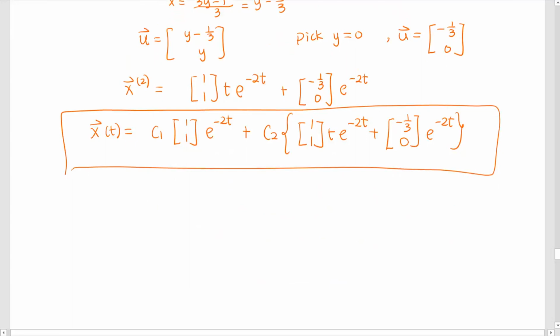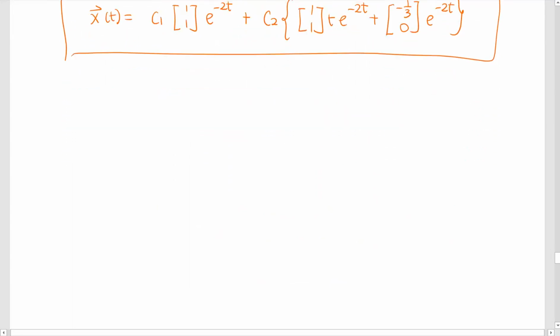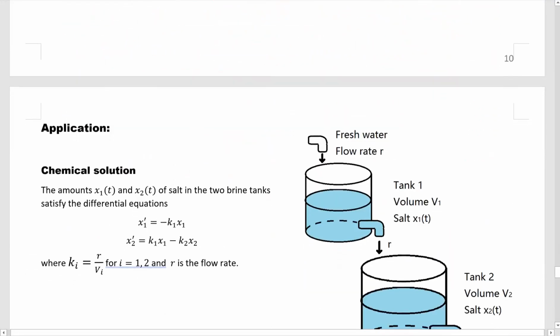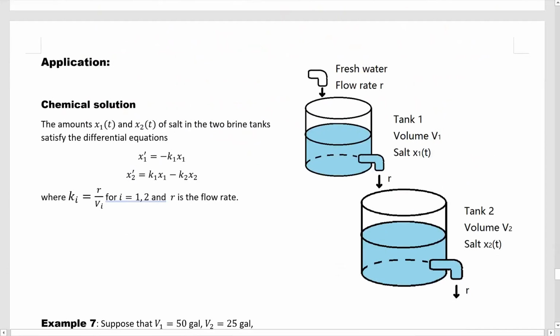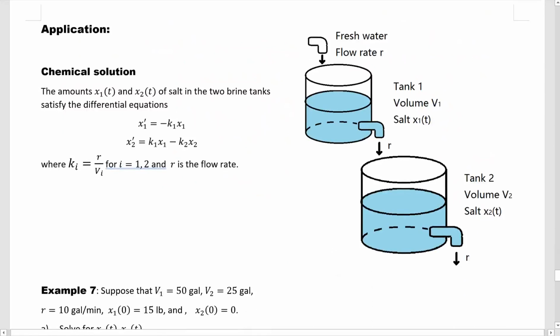Let's look at some application problems. Here we have the chemical solution. The amounts x1(t) and x2(t) of salt in the two brine tanks satisfy the differential equation. x1 is the amount of salt in the first tank, and x2 is the amount of salt in the second tank.